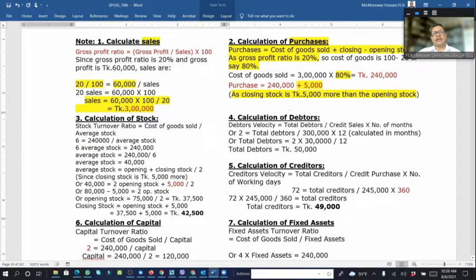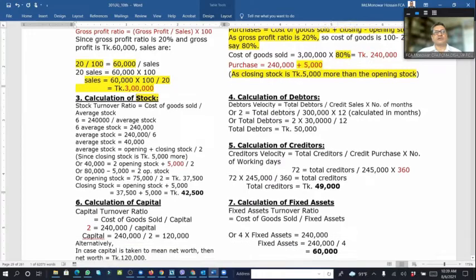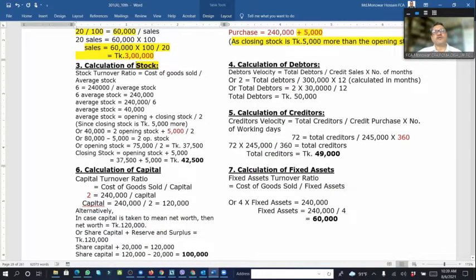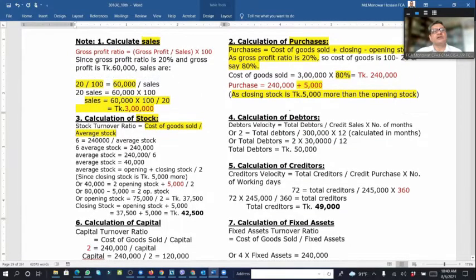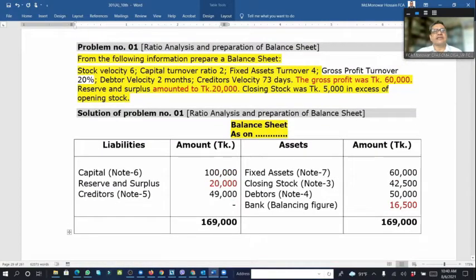It's okay. Now come to stock. Calculation of stock: the stock turnover ratio, as said in the question. The stock turnover ratio we can calculate as cost of goods sold divided by average stock. Here the stock velocity, or turnover, is 6.